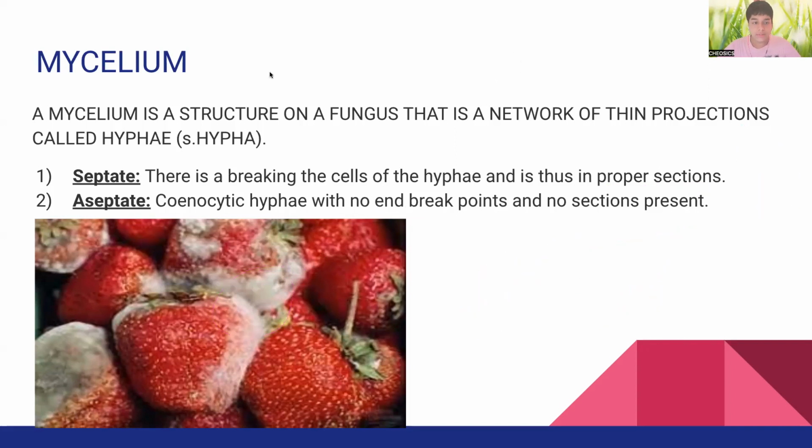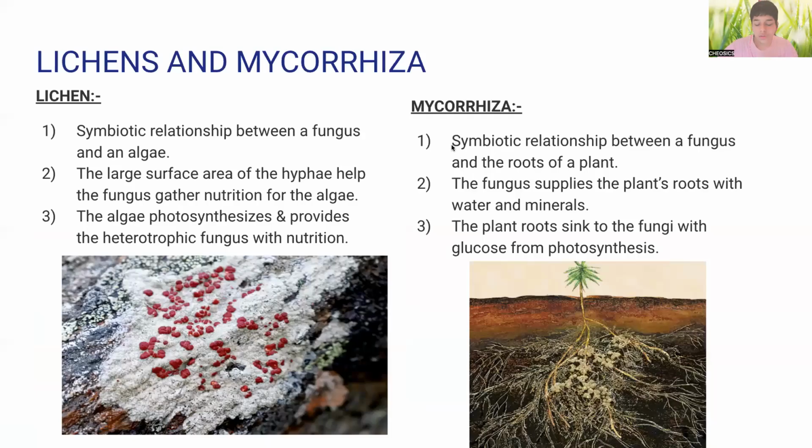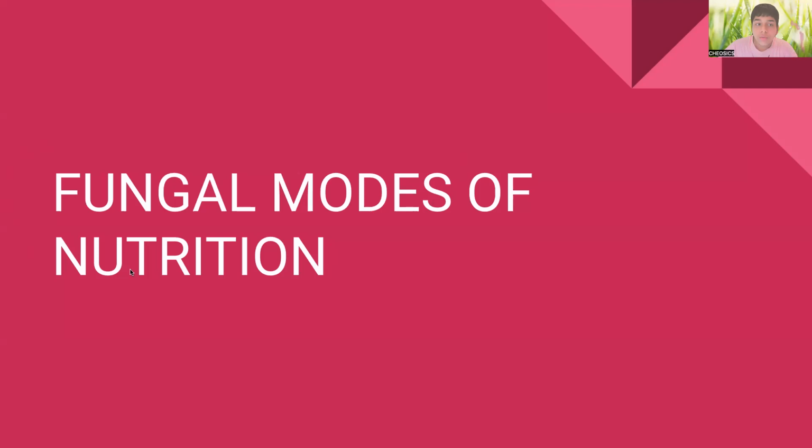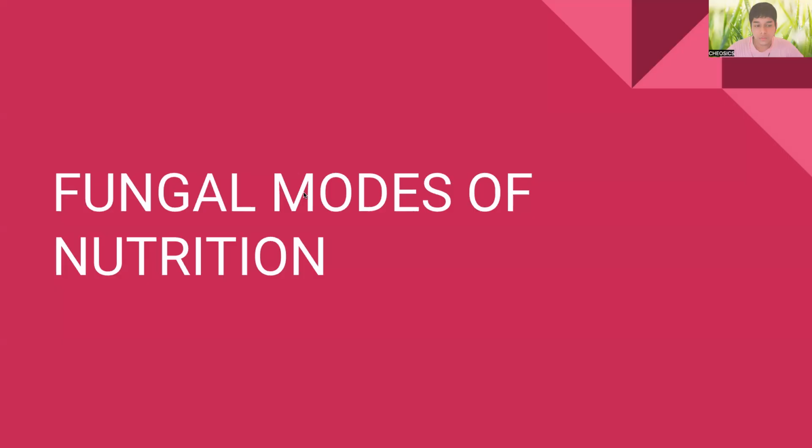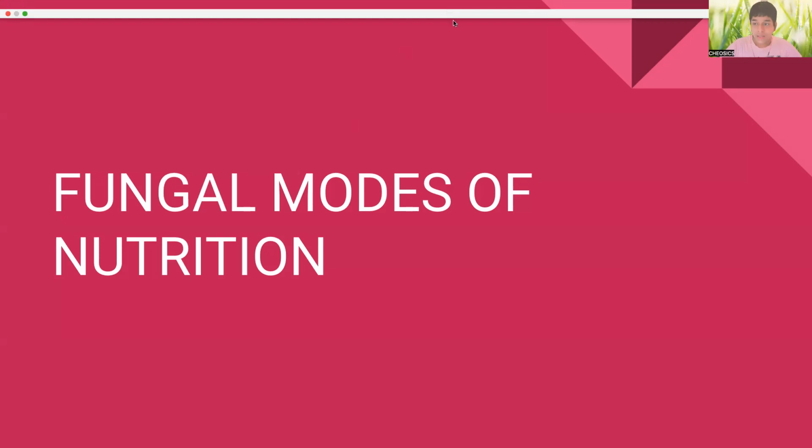So next, this is called mycelium. Now you have fungal modes of nutrition. Just like we need to eat other organisms for nutrition, fungi have a different form of nutrition.